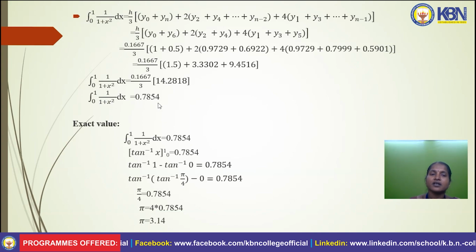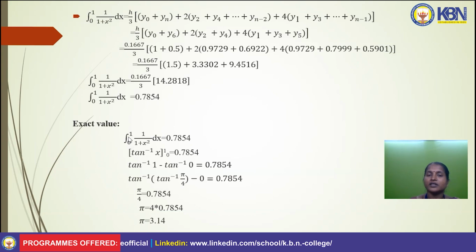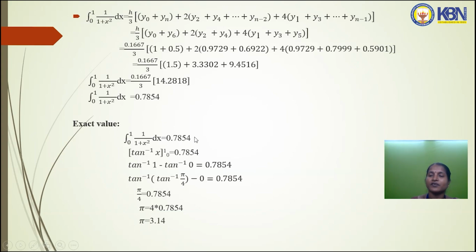But he is asking for the exact value of pi. Now, the integral 0 to 1 of 1 by 1 plus x squared dx, in the above problem we are getting the value 0.7854. But in general, in intermediate level, we learn about integration.